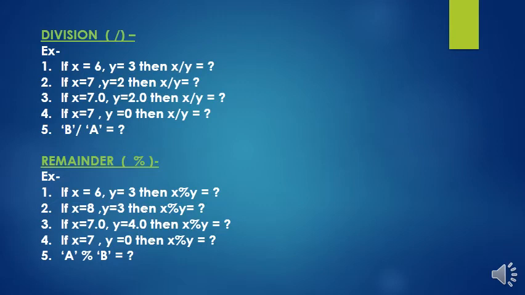The value in the operand may be short, int, long, float, double, char or byte. For example, here the value of x is equal to 6 and y is equal to 3. So x upon y means 6 divided by 3, that is equal to 2. 2 is the quotient.